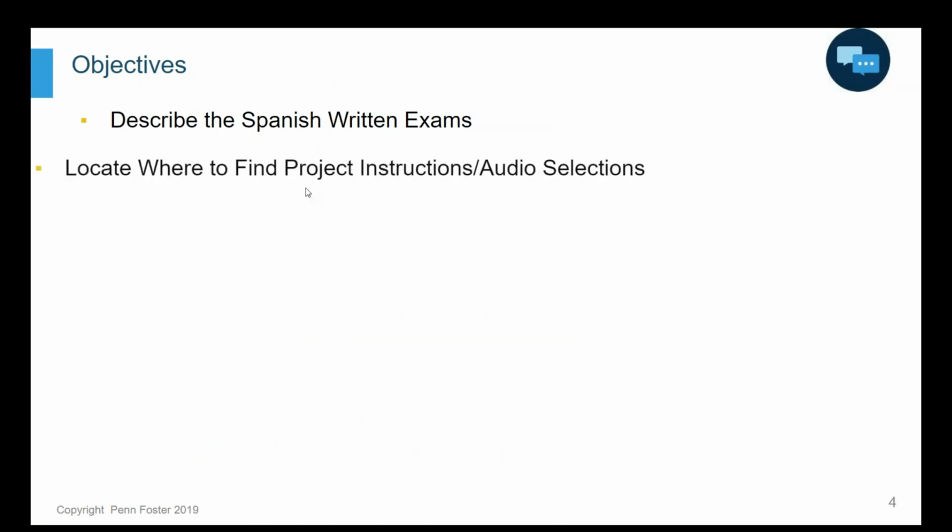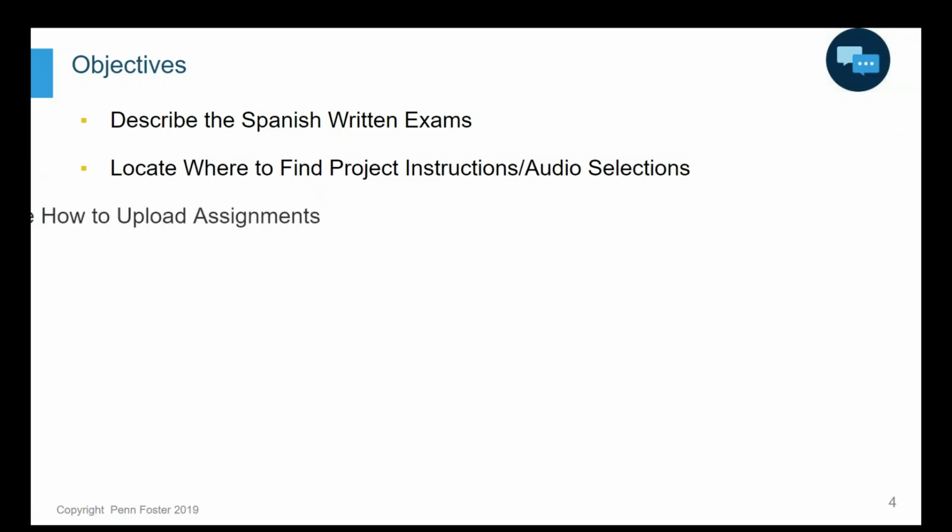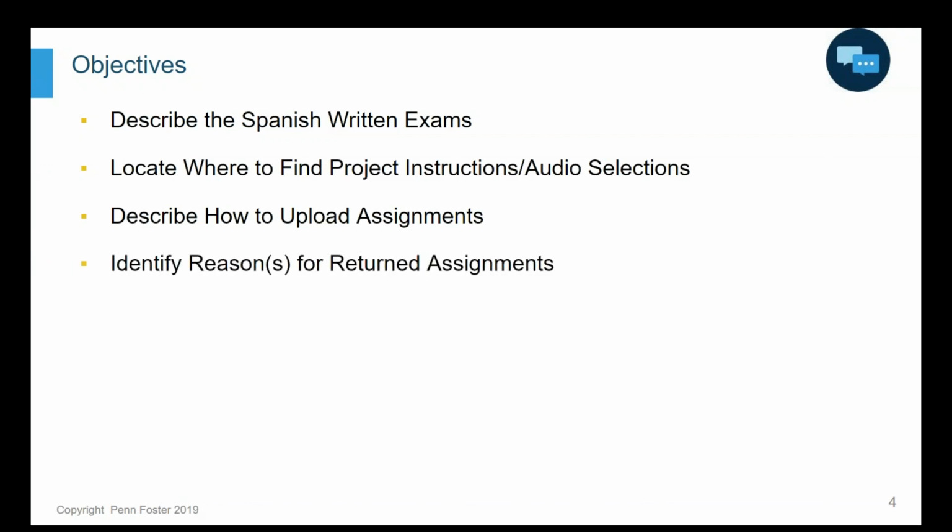On today's objectives, we're going to do a couple things. First is to describe each of the Spanish written exams, what's required for those exams. Next, to locate where to find project instructions and audio selections within the course. Next, how to describe uploading assignments. Identifying reasons for a returned assignment if this should come up.